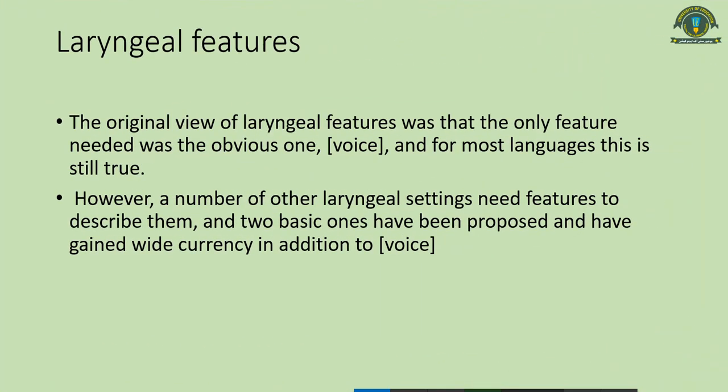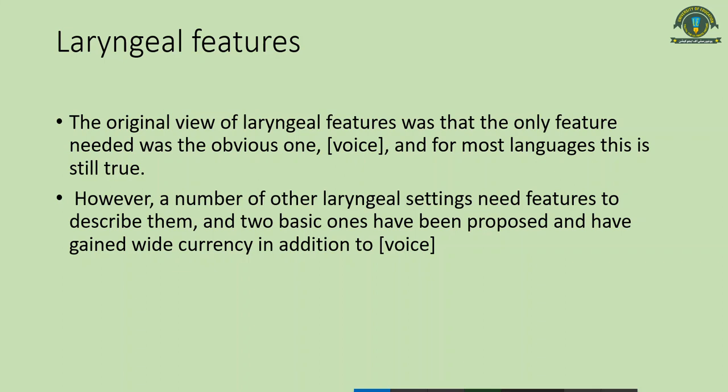Now the last feature, the laryngeal features, the larynx feature. You all know that the larynx is responsible for voicing, for the vibration of the vocal cords or vocal folds.